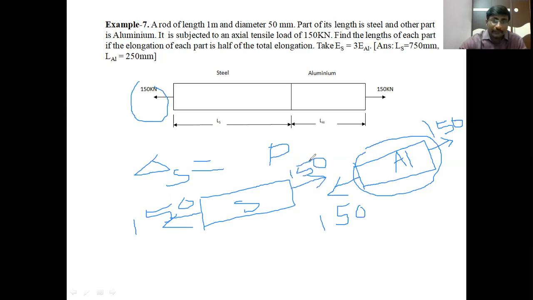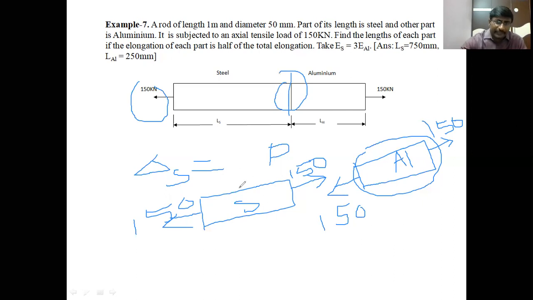Finally, if we join these two materials, at the intersection point there is 150 in the right side direction and 150 in the left hand side direction. Both are cancelled and there is no load acting on the materials at the intersection. Only 150 on the left hand side and 150 on the right hand side remain.